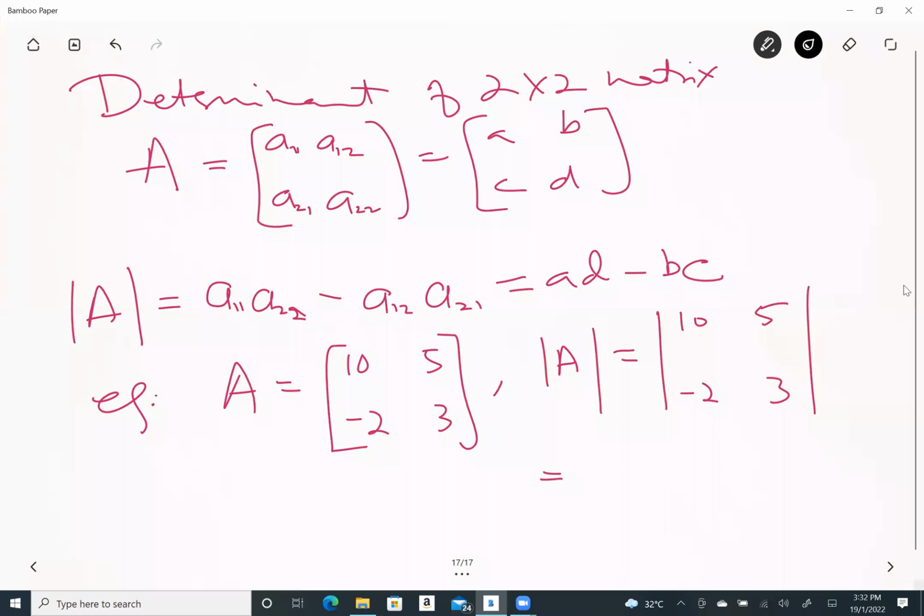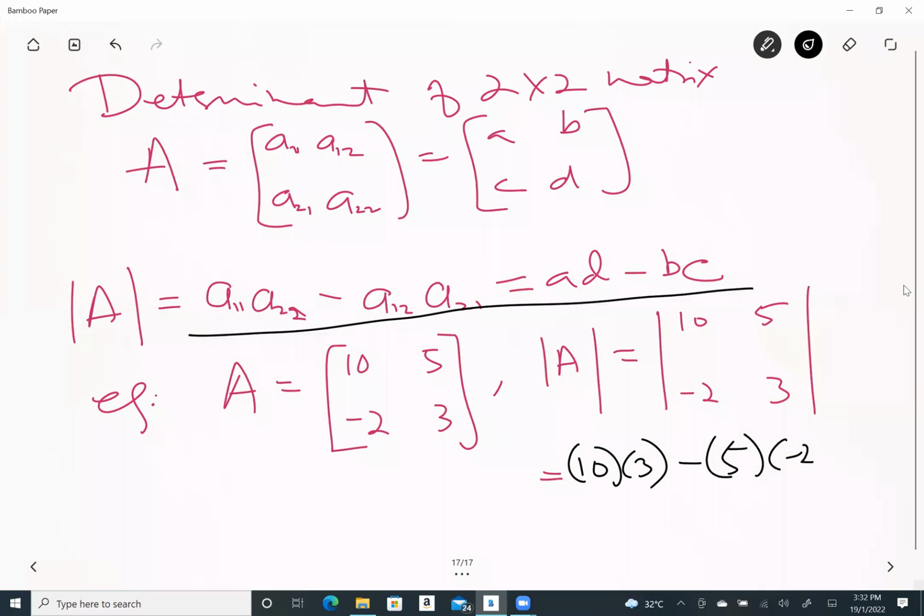That's how you get the determinant. So that's equal to 10 times 3 minus 5 times negative 2. So you have a negative 10 and then there is a negative sign, so that becomes a plus. So that will be 30 plus 10. So you got 40. So the determinant is 40. Correct?